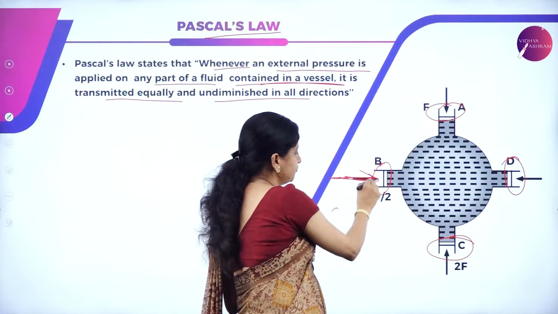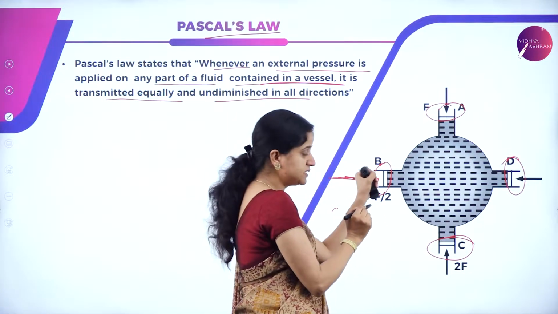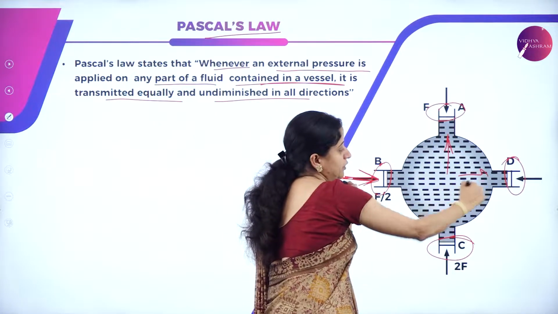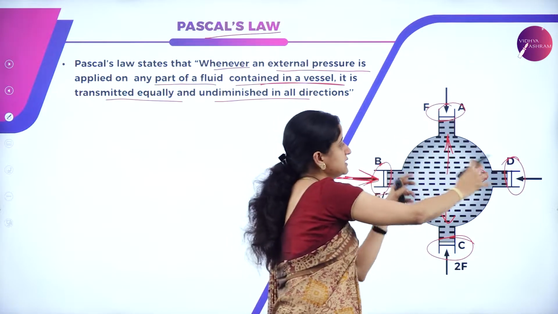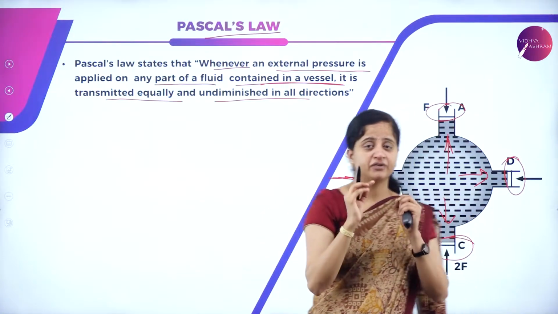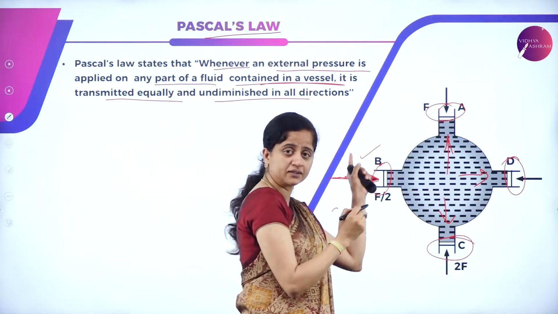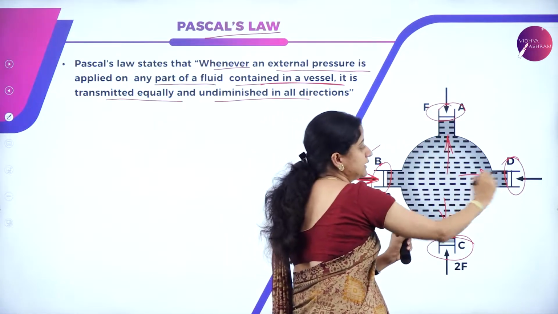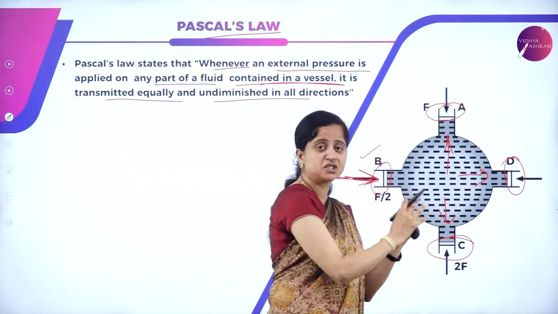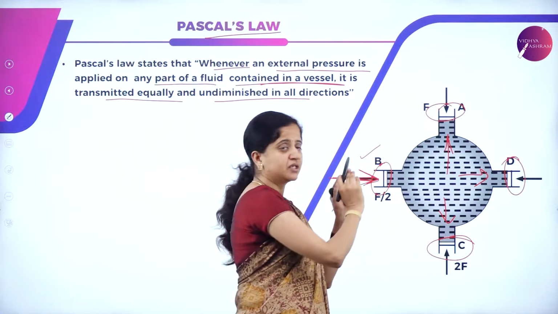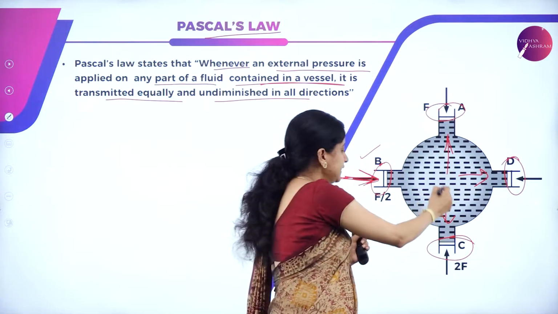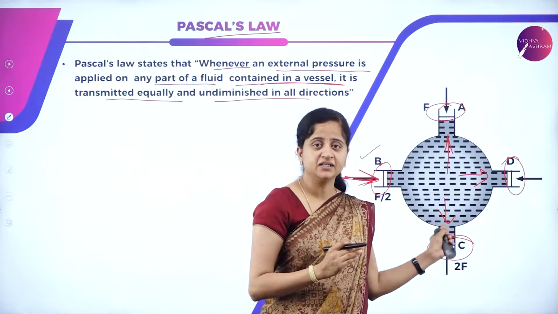If I apply some force in this direction on one piston, this force is transmitted equally by the fluid in all the other directions, and it makes the other 3 pistons move outwards. We are only applying force to the first piston, and we can observe all other 3 pistons are moving. That is because the fluid exerts the same pressure or force that we apply on it equally and undiminishedly in all the directions, which results in the movement of the other pistons of this container.